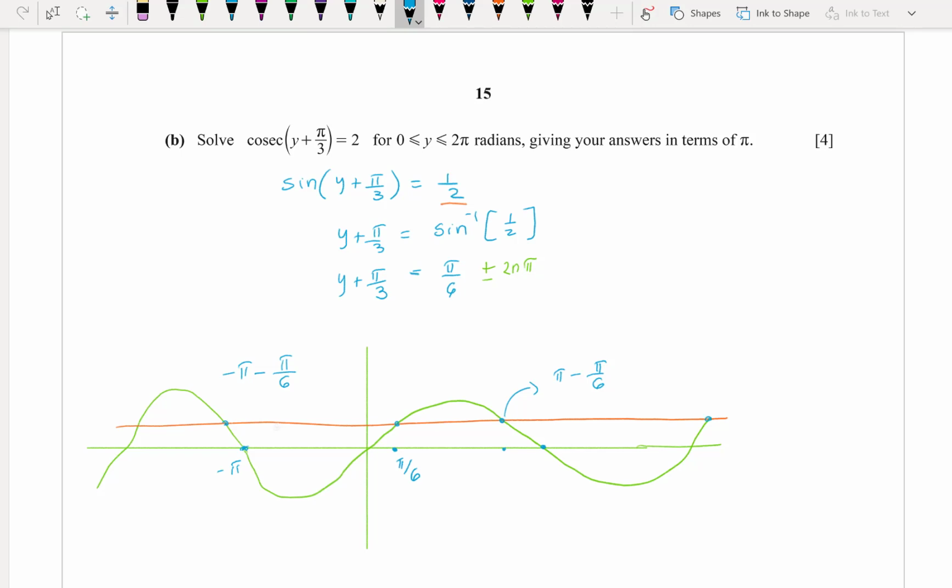This will be exactly pi units away from the other one. This is anyway 2 pi, right? So it's going to be 2 pi plus pi by 6. Right. Okay, so these are the possible values for y plus pi by 3.